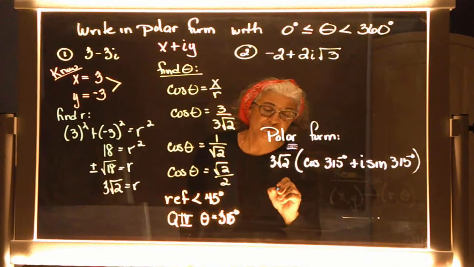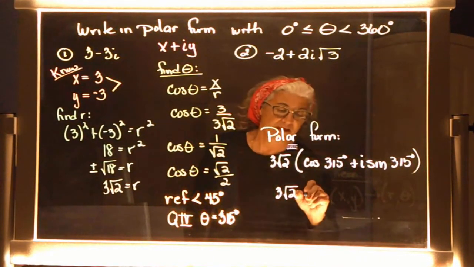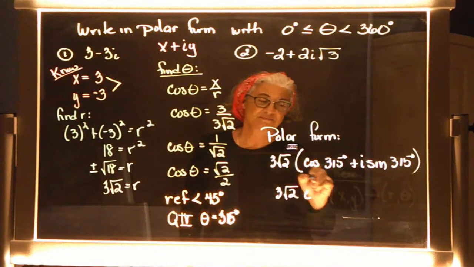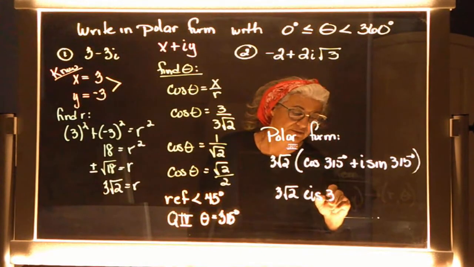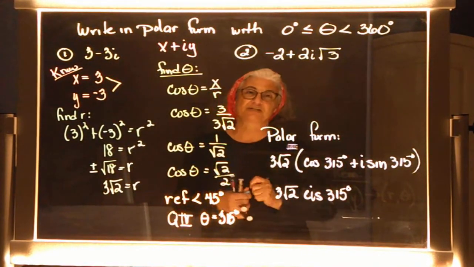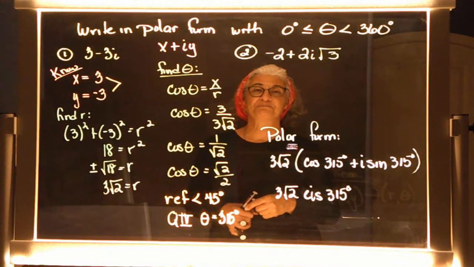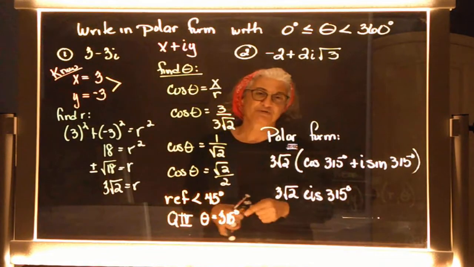If you want to write the shorthand, that would be 3 square root of 2, c for cosine, i for the imaginary, s for sine, 315 degrees. This is the shorthand if you want to write the shorthand. Cool? Okay, so hang in there. I'm going to be right back and we're going to work on problem number 2 here.